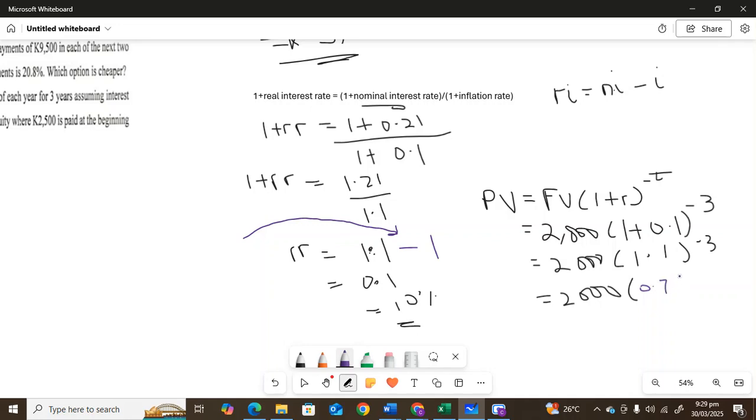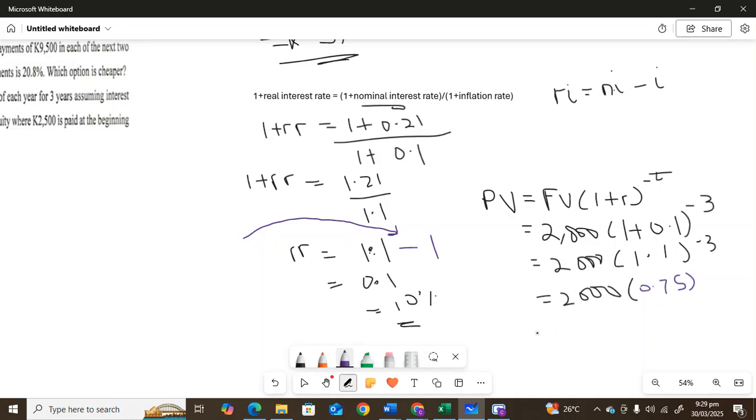Okay, so when we multiply 2000 times 0.75, what do we get? 1500.